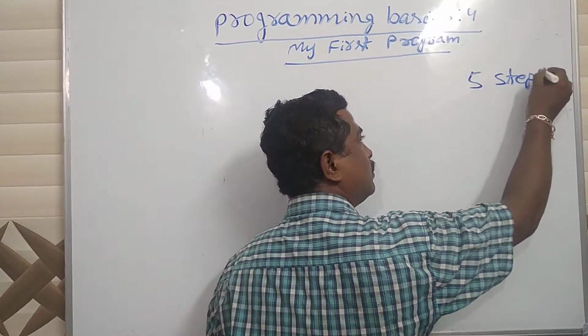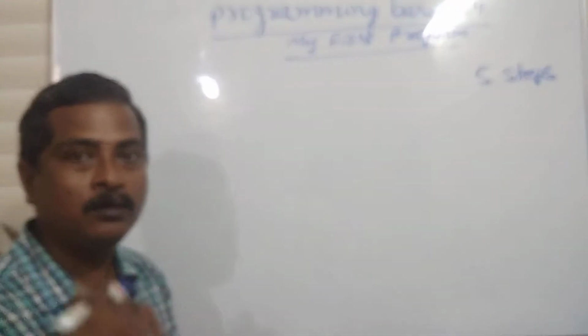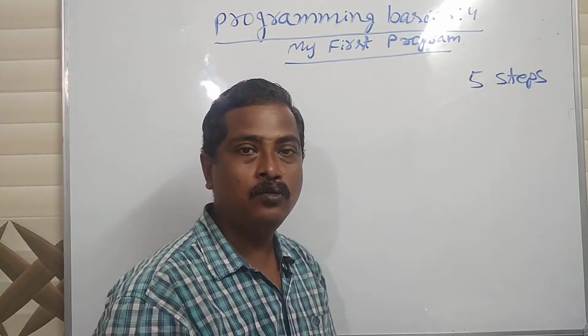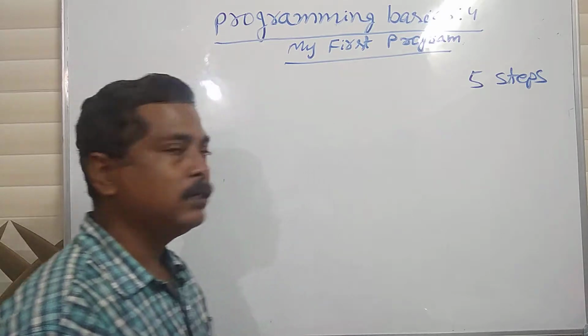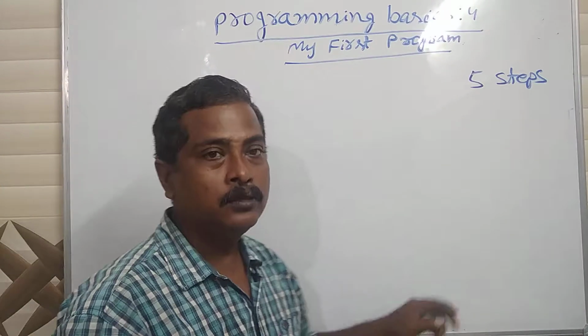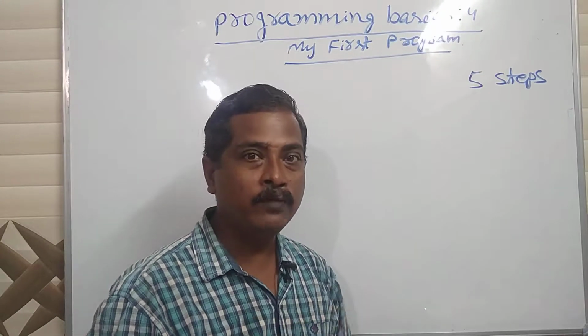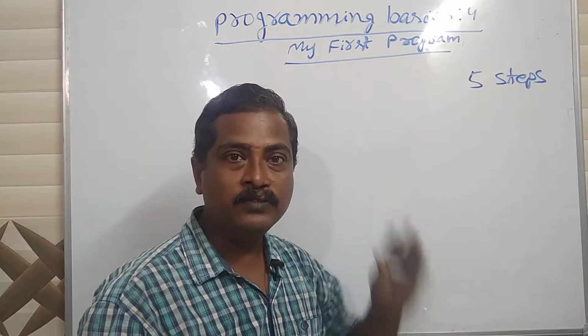I am telling you repeatedly, whatever language it is, don't bother about the language, focus on the program. Whatever the language is, we have to go through 5 steps. What are the 5 steps I have discussed?